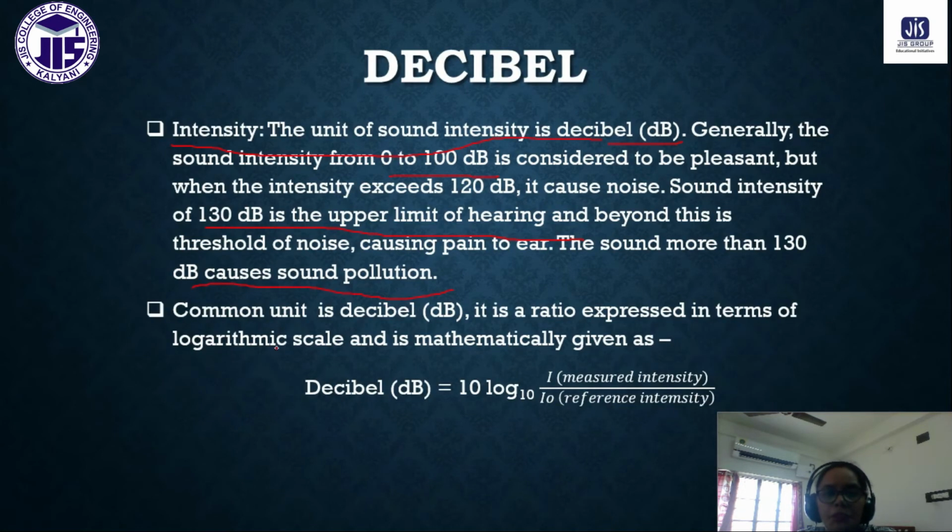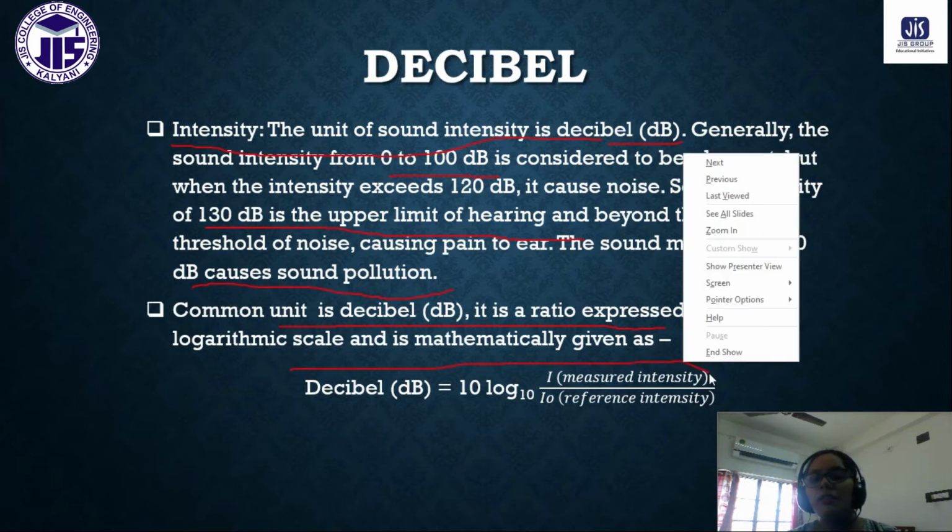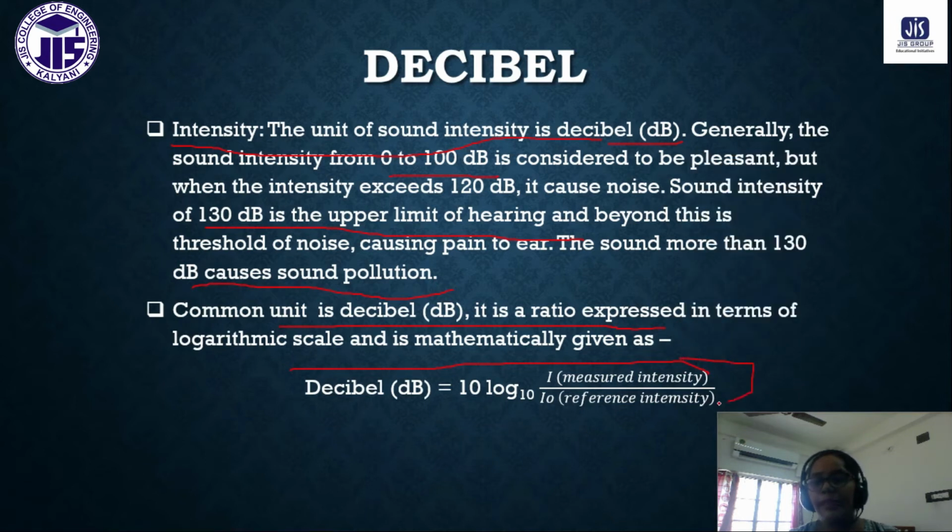Now, what is decibel? Decibel is the ratio of measured intensity and the reference intensity. This is the main equation based on which we can solve many problems. Decibel equals 10 log10 I by I0. Where I is the measured intensity, and I0 is the reference intensity.